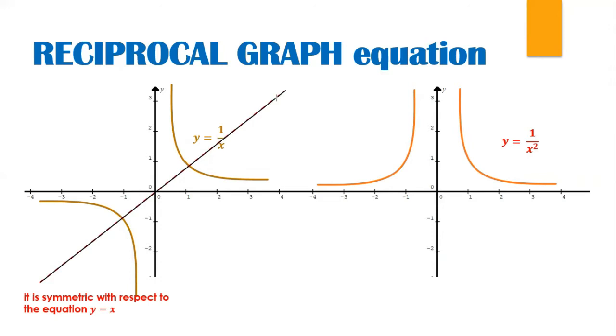Next, for the next graph, what is the information we got? It is symmetric with respect to the equation x equals 0.